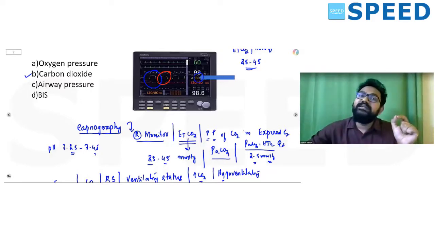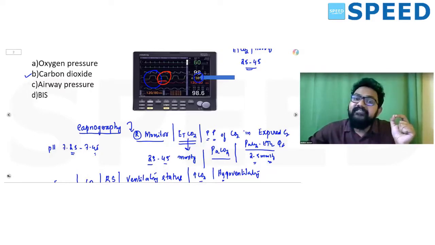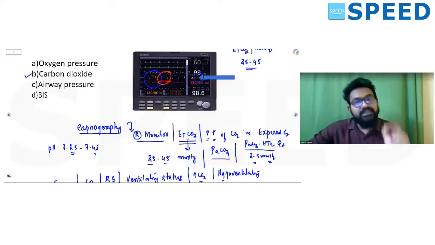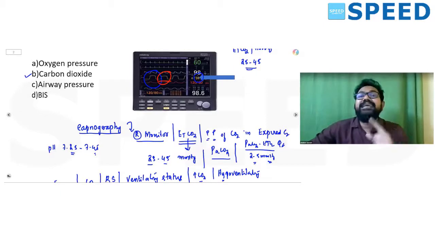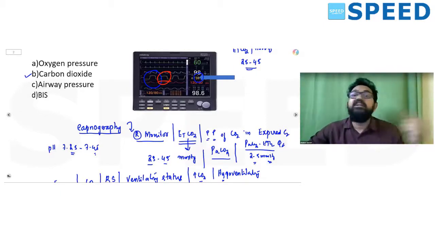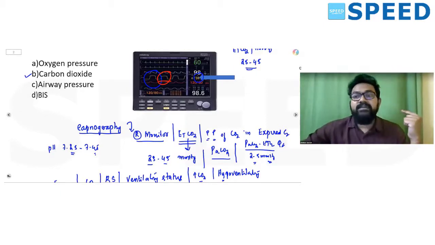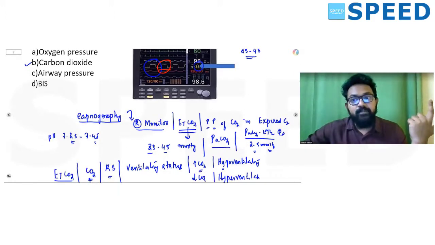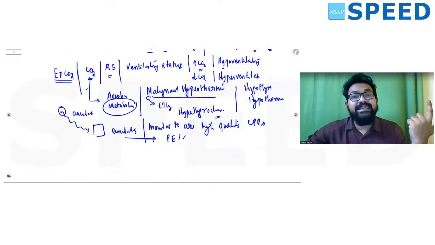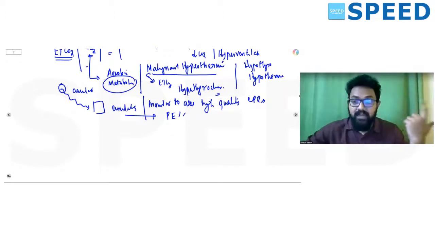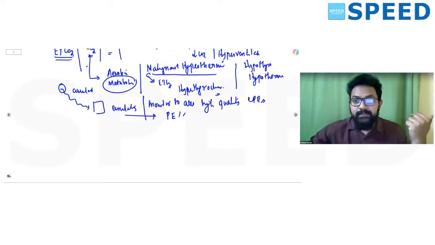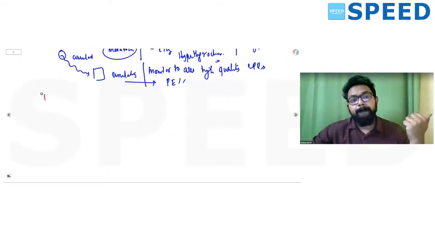I want to make you understand how this graph gets its formation. The anatomy of this graph is very, very important for you to understand the different conditions which can lead to different morphologies. So let me make you understand the genesis of your end-tidal carbon dioxide graph, or a time capnograph. Let me just draw a time capnograph here.